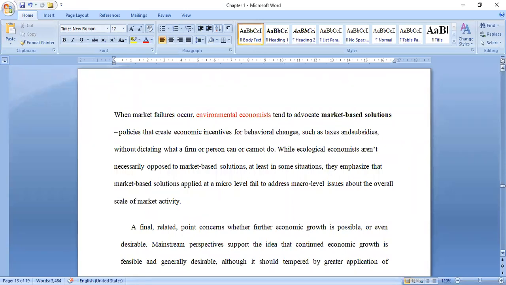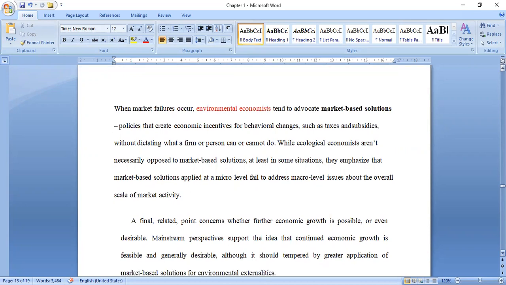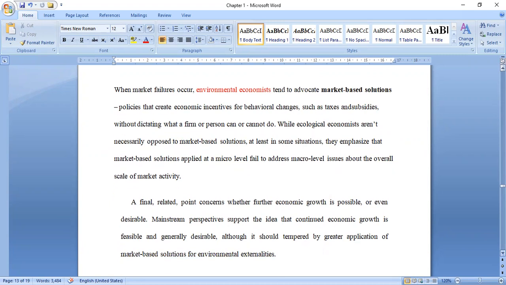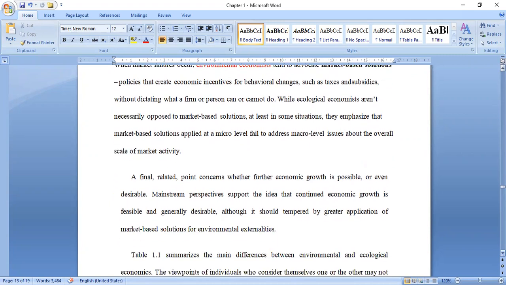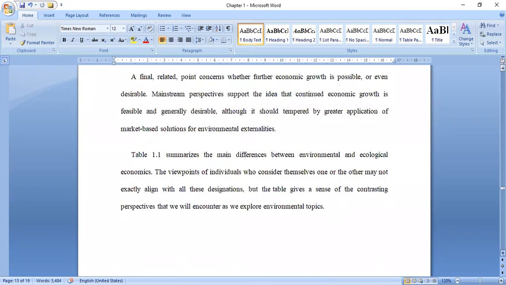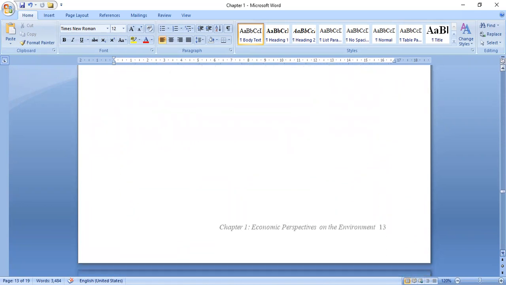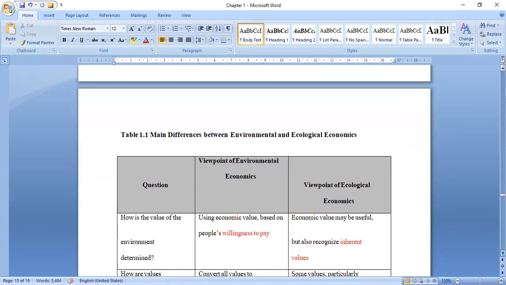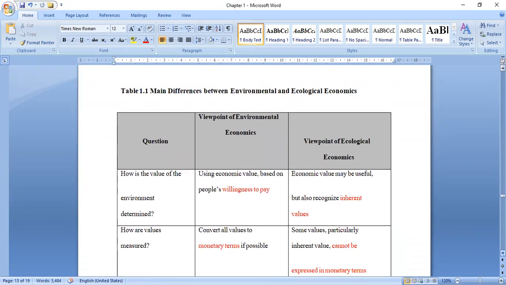What are market-based solutions? They are economic incentives aimed at bringing behavioral changes. For example, taxation of polluting farms aimed at making them reduce their output, and therefore the amount of pollution is reduced.